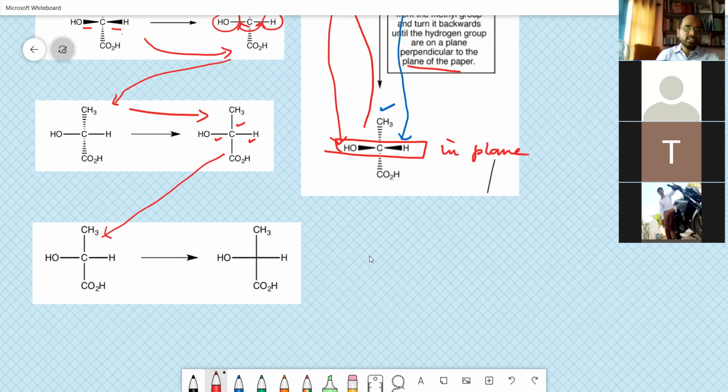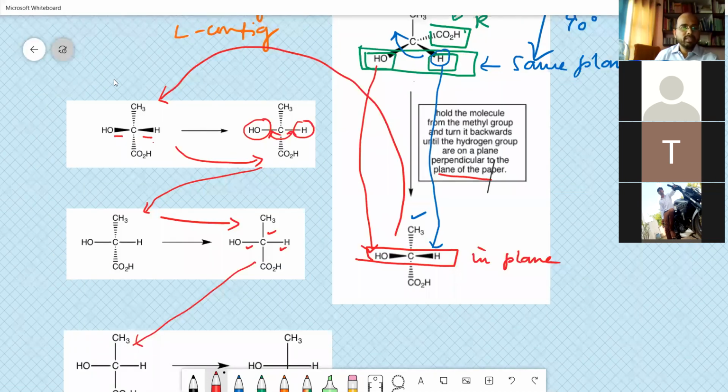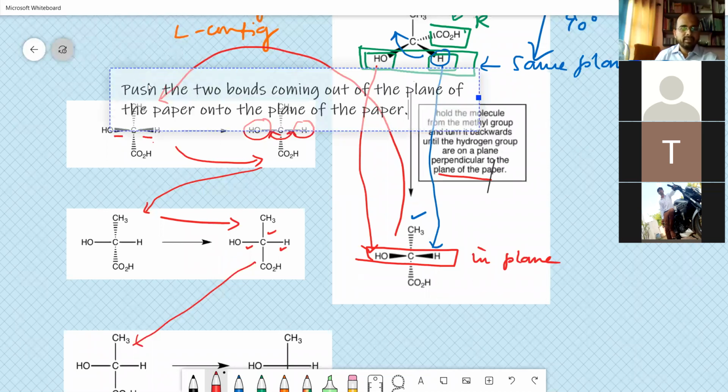I'll write the instructions. You just follow the instructions.